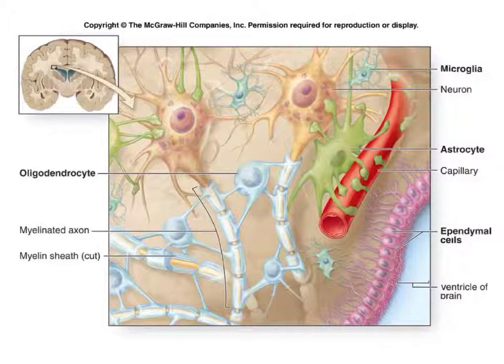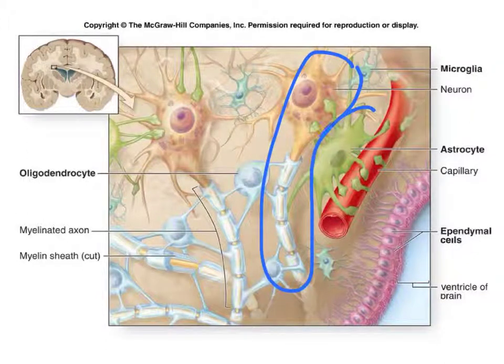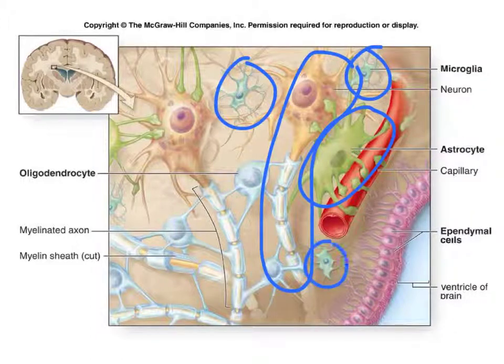So quickly, like I said, your nervous system is made up largely of neurons, but there are also many other supporting cells. So we see a neuron here, but we see a bunch of other cells, all here and here and here.